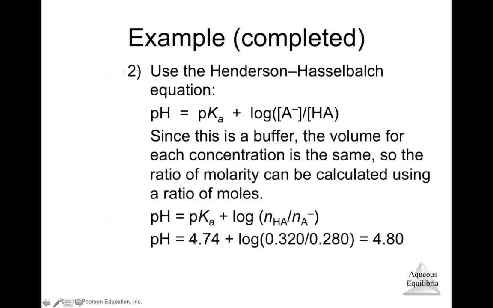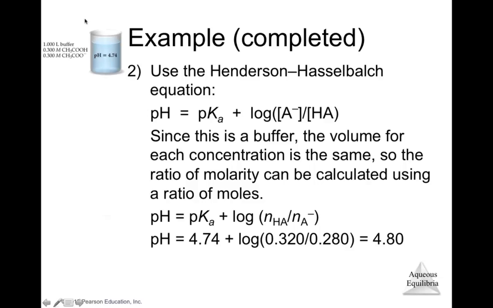And this will be equal to 4.74 plus the log of 0.32 divided by 0.28. So this is the base and this is the acid after the neutralization of OH. And as you can see here, the system was at 4.74, and after adding the strong base, it was 4.8. So the difference is basically 0.06 units.